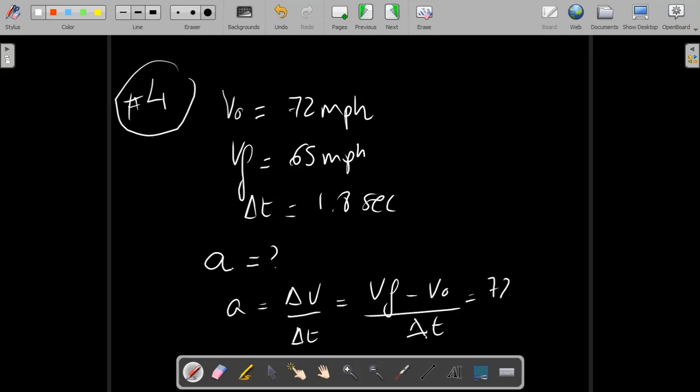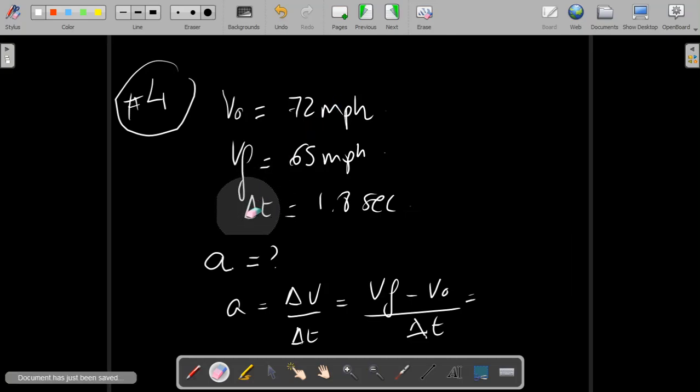That's 72 minus 65 miles per hour divided by, let me see, did they say they wanted miles per second? What's going on here? We had hours and now we have seconds. That's going to be a problem. So this needs to be changed. You need to be careful with units. Please be careful with units.